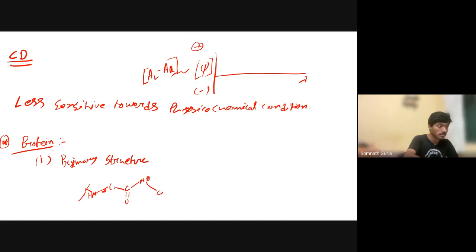We have C, C double bond O, same, and NH, with R1, R2, and R3 on the carbons.